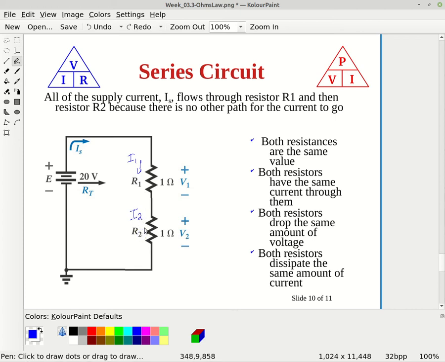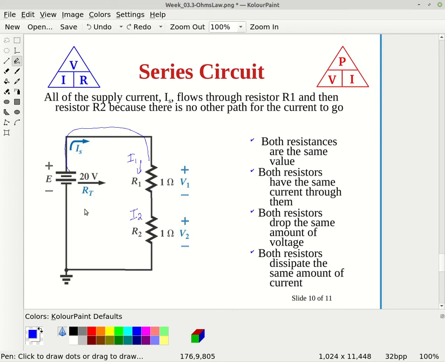Now in this case it's a series circuit. What that means is that the current coming out of this battery is going into resistor R1, it's coming out of resistor R1 into resistor R2, it's coming out of resistor R2 back into our supply.